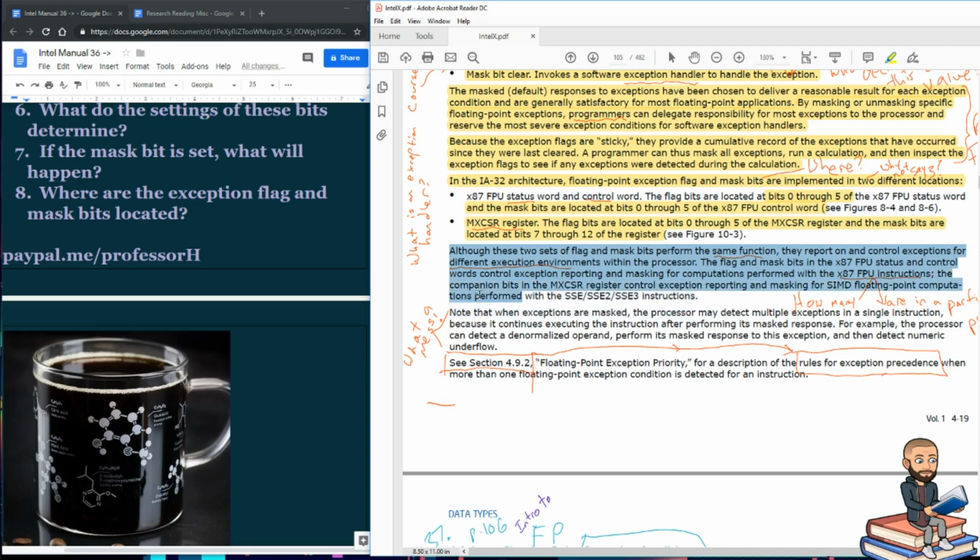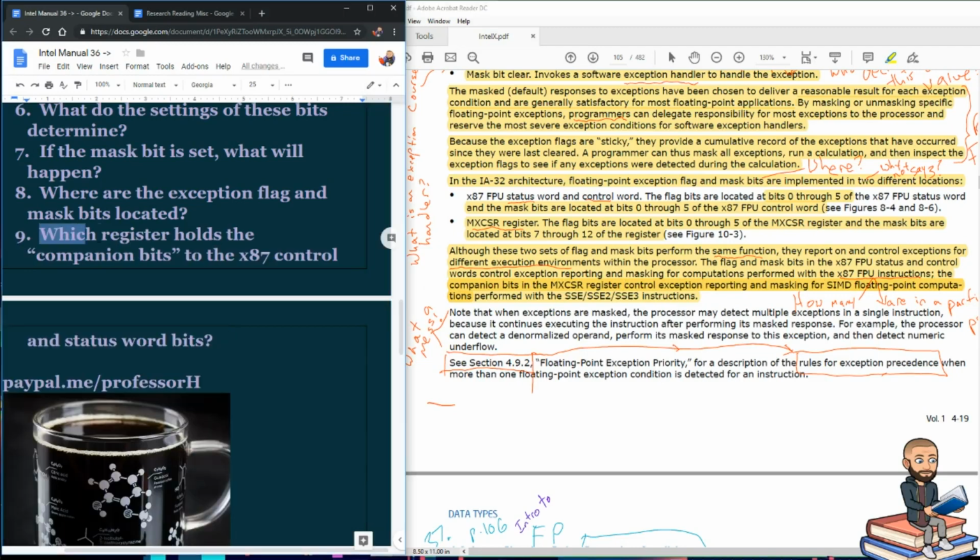The companion bits in the MXCSR register control exception reporting and masking for SIMD floating point computations performed with those instructions. So I thought that was a kind of cool term right there, companion bits. So having a little fun here, which register holds the companion bits to the x87 control and status word bits?